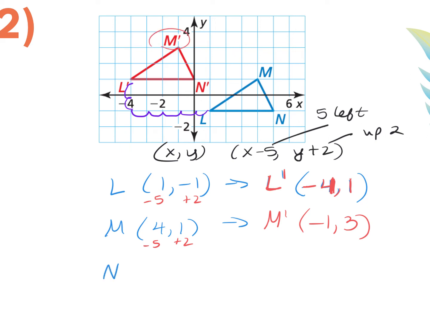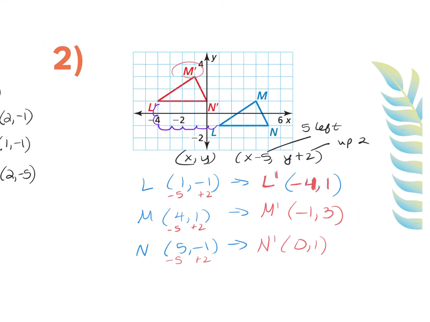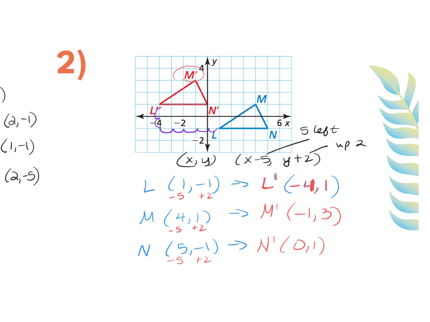And then lastly, the N, the original was 5, -1. Again, apply the rule, subtract 5, add 2 to the Y. So 0, 1, and that's what's graphed there. So this one was a translation, and it slid to the left and up 2 units.